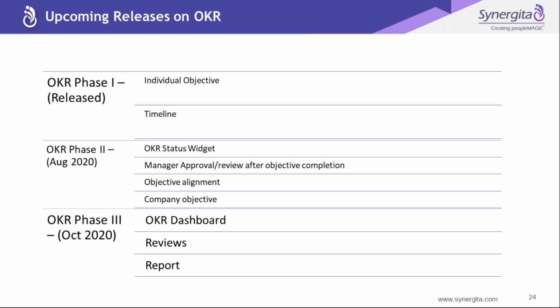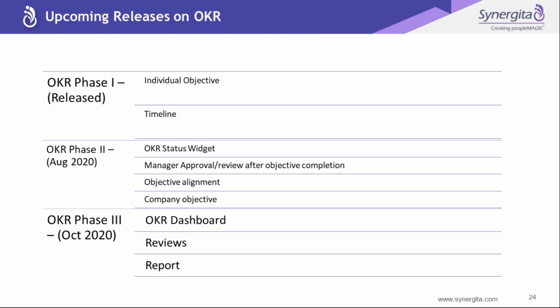The primary factor here is all about alignment. As a team or as an employee, how are we aligning with the organization OKR? Straight away picking up the key results of the organization and making that the team's objective, there is a mixed opinion in the market.